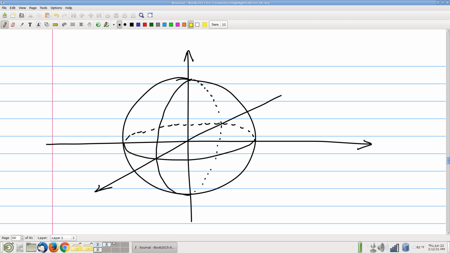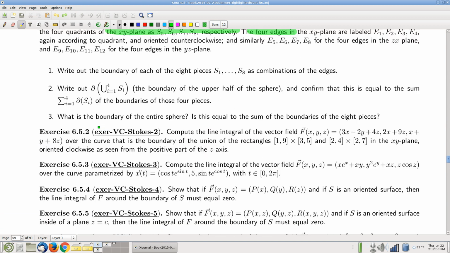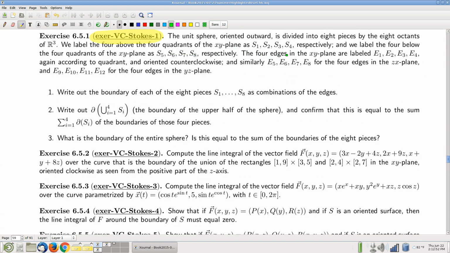Maybe I won't draw it on here. I'm just going to acknowledge that that's the first one because it's sitting above the first quadrant, etc. Let's just try to remember it because my picture is going to get really ugly. So I'm going to label and use and then erase as needed.